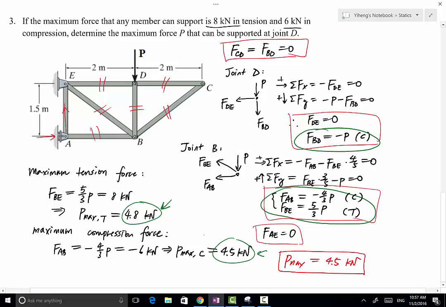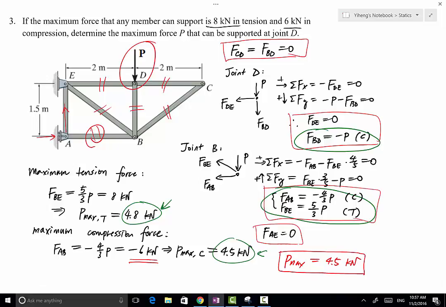how do we interpret the results? The results show that when P has reached 4.5 kilonewton, remember P is still this applied force right here, then FAB has already reached the maximum 6 kilonewton compressive force, and member AB will fail.